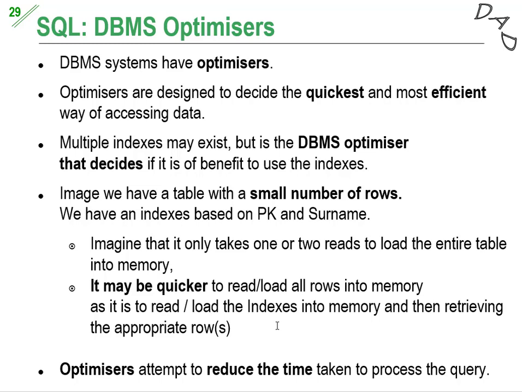So optimizers will determine whether we still require the index, or whether it is better to load the entire table into memory, do a quick search, and locate the record that it requires. So optimizers attempt to reduce the time taken to process a query.